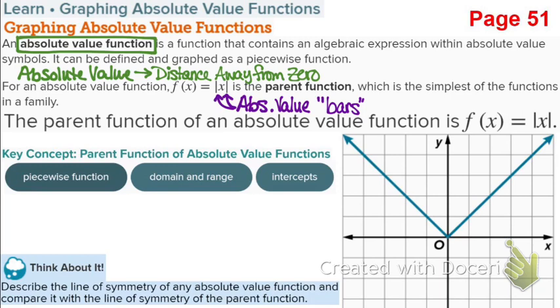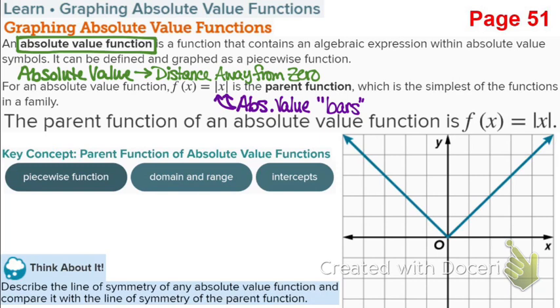When I'm writing this on my own paper so that I don't get them confused with ones, I make them really big. Like on lined paper, I make them take up the whole line so that I don't accidentally misread this. This isn't 1x1. This is absolute value of this piece on the inside. Does that make sense? Be careful when you write it down yourself. These are not ones.